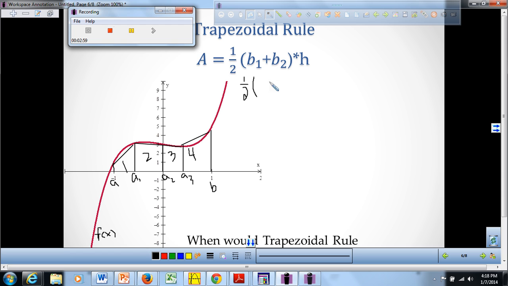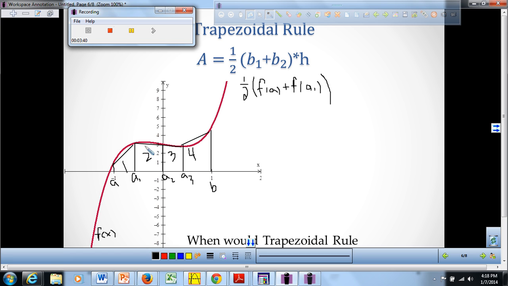And so the height at x equals a will be f of a. Plus the height at a sub 1 would be f of a1. And then we have to multiply it by the height of the trapezoid.